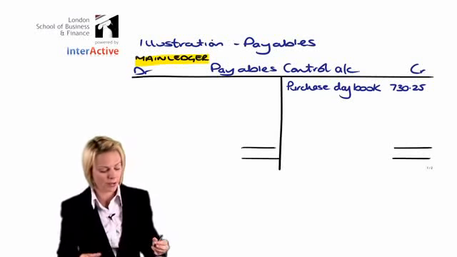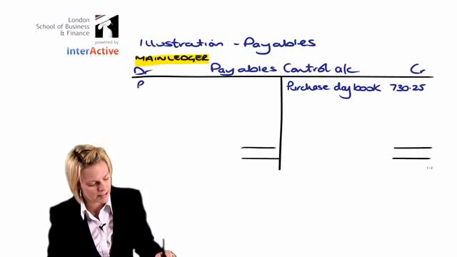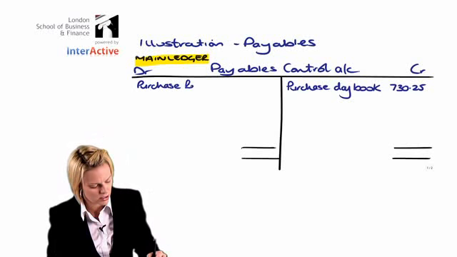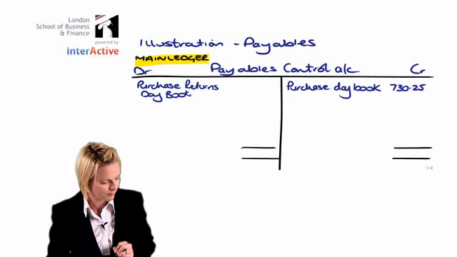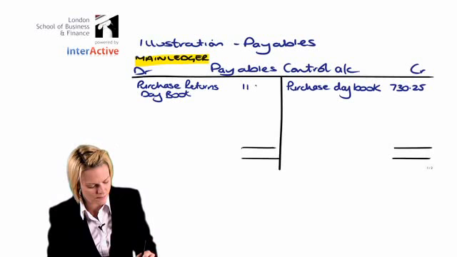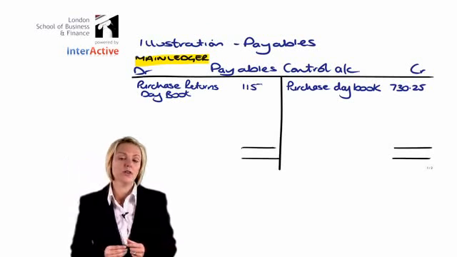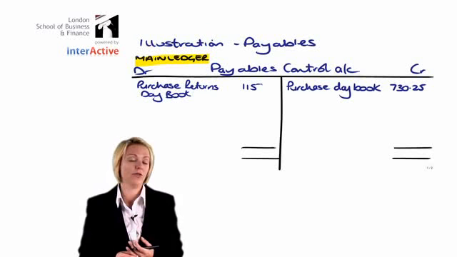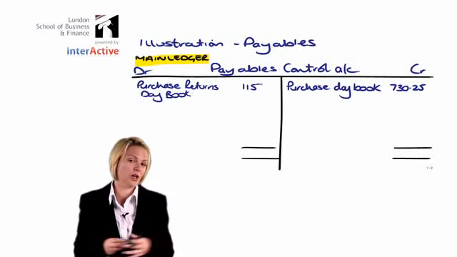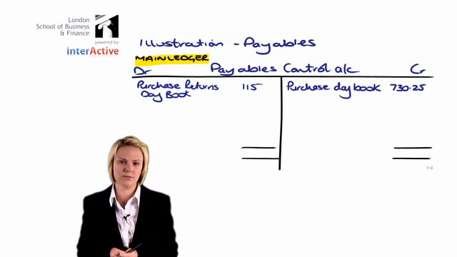Well, now in the control account, we're going to pop in a debit from the purchase returns day book, and that would be with $115 that we got a credit note from supplier Anne from. Okay, and that's going to reduce our liability of payables.